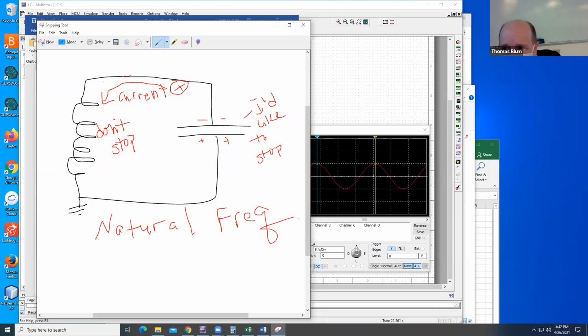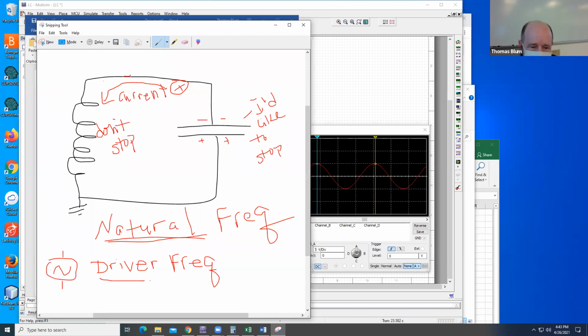And what you can do is bring in an outside frequency of your own, known as the driving frequency. I should talk more about this. So if I just leave the inductor and the capacitor to itself, it has a frequency known as the natural frequency, but I can put in an AC circuit element, and that is the driver frequency.